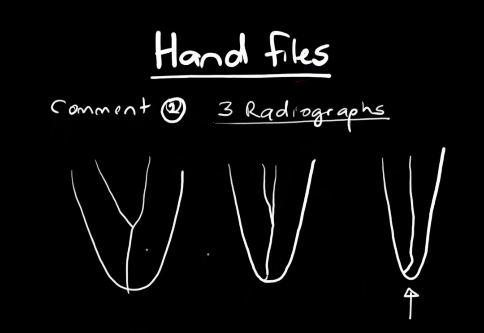Then for the next radiograph, you would take the beam a little bit mesial, and you'll get something like that. And if there are 2 canals, you can start to separate them a little and see a little bit of the 3-dimension that isn't apparent in the previous radiograph. So that's first, that's second.